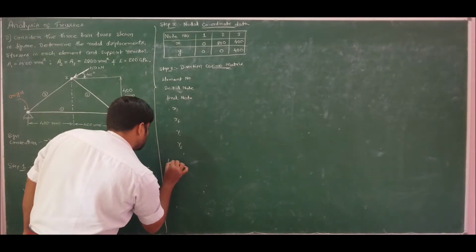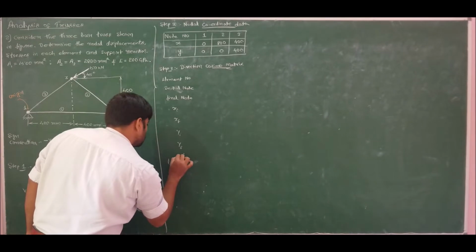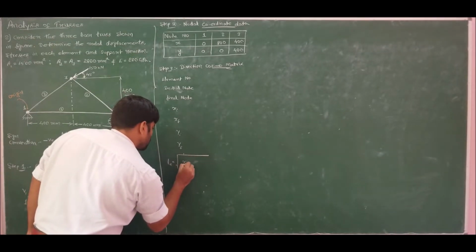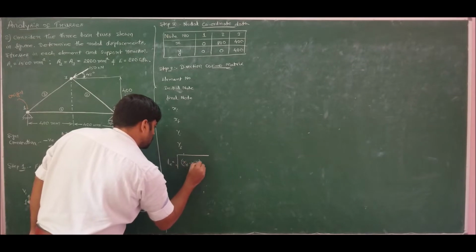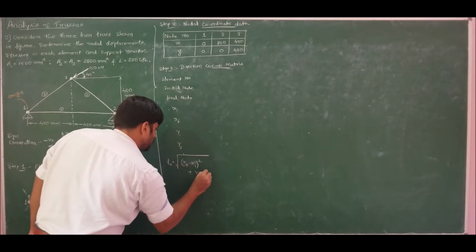Hence you can find the length of the element, which is equal to root of (x final minus x initial) whole square plus (y final minus y initial) the whole square.